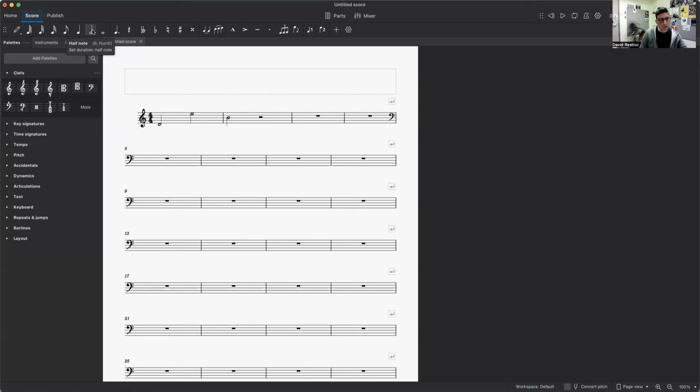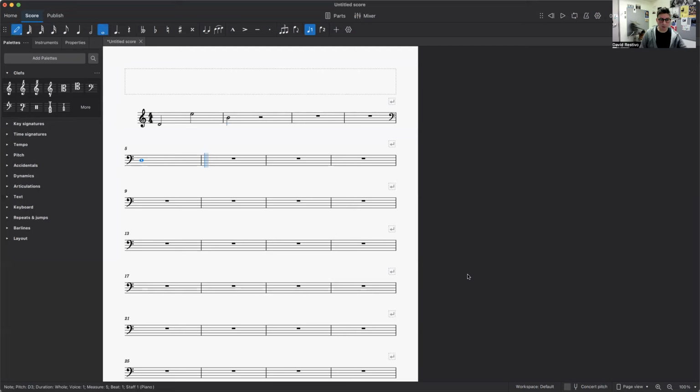Now, let's say that I have, let me do a D again. So here's a D in the middle of the bass clef staff.